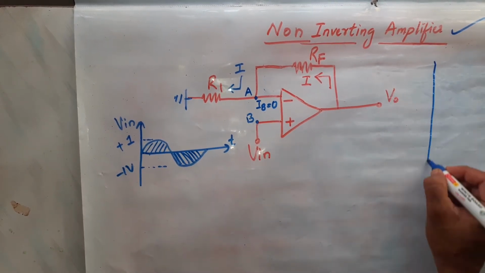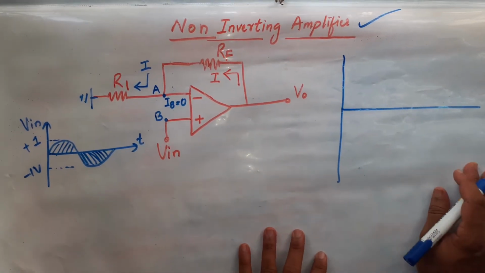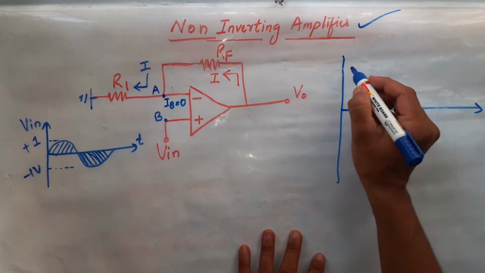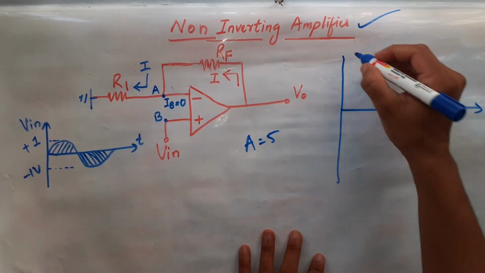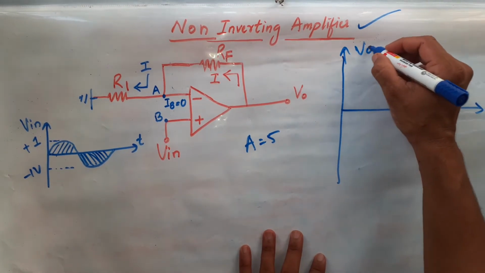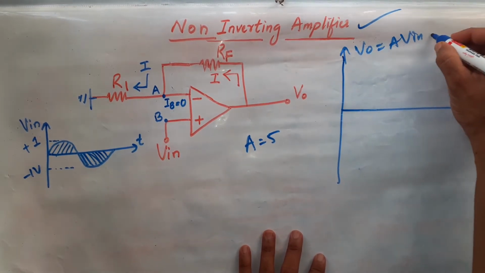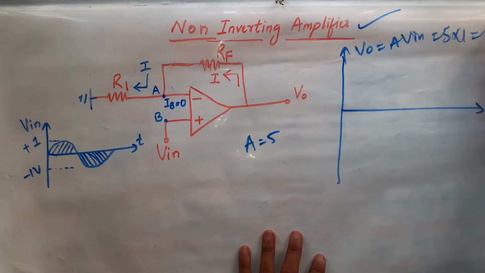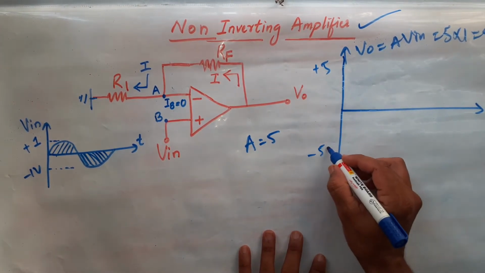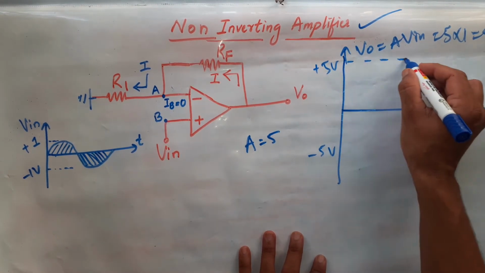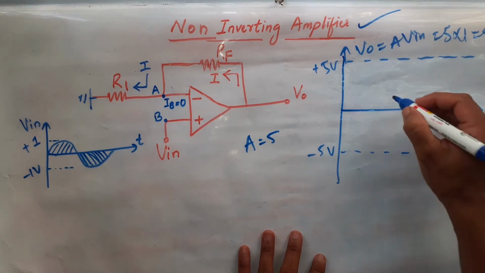So your output is going to be like this. If your gain is equal to 5, then the output is gain multiplied with Vin, that is 5 into 1, that is 5 volt, plus 5 and minus 5.